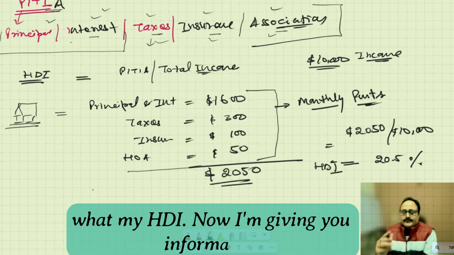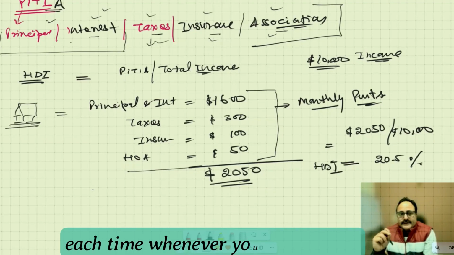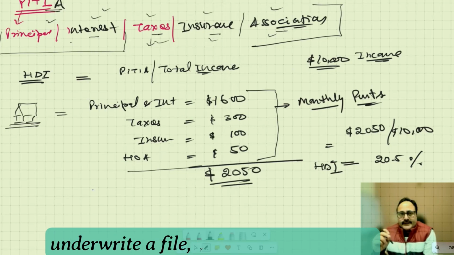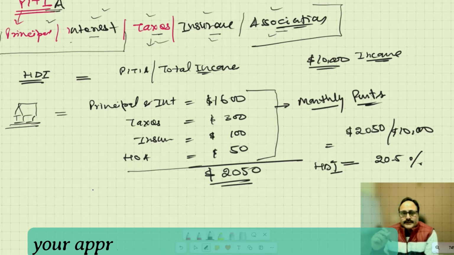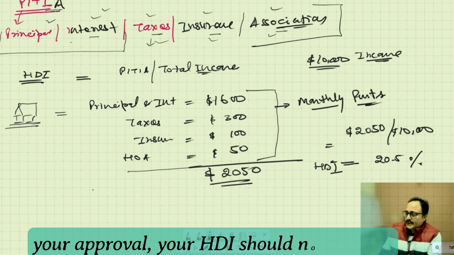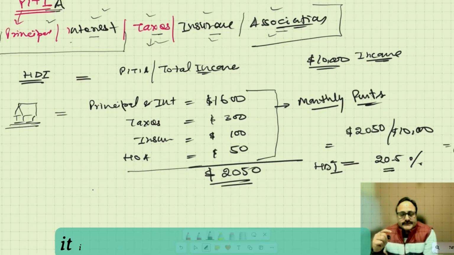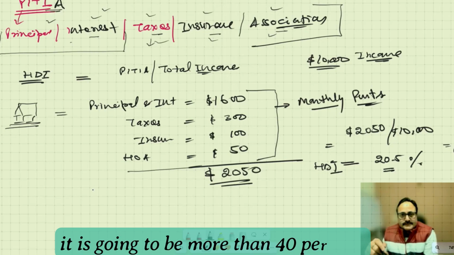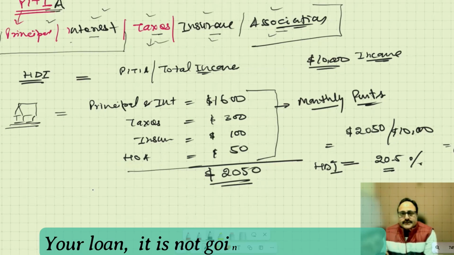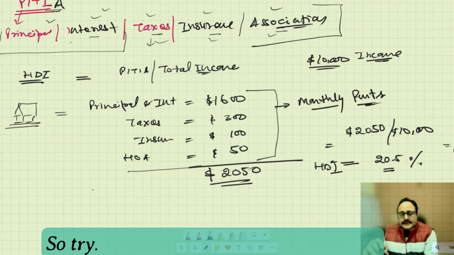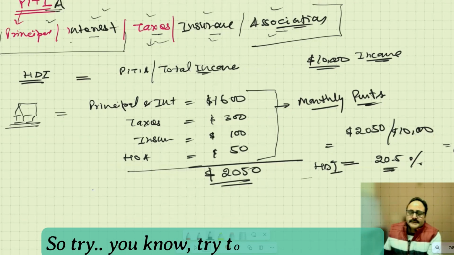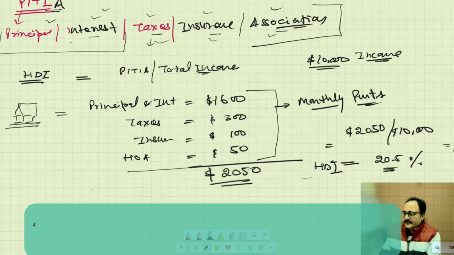Now I'm giving you information. Each time you underwrite a file, you are going to check your approval. Your HDI should not be more than 40%. If it is more than 40%, your loan is not going to be approved. So try to keep this HDI at 40%.